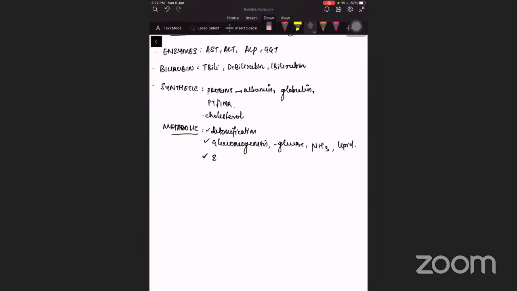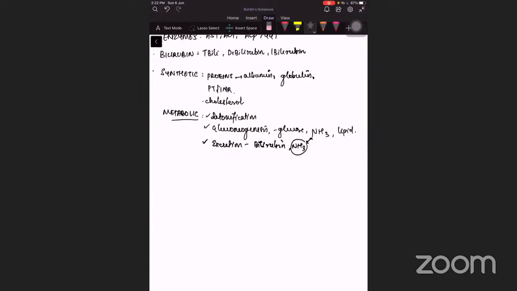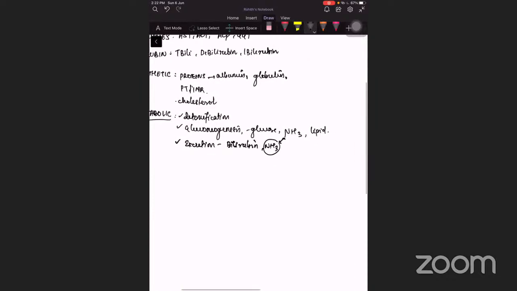Apart from that, in the excretion, it is involved in handling of the bilirubin, mainly. Apart from that, ammonia detoxification comes here as well. In the synthetic functions of the liver, we have formation of plasma proteins along with that vitamin K dependent clotting factors.